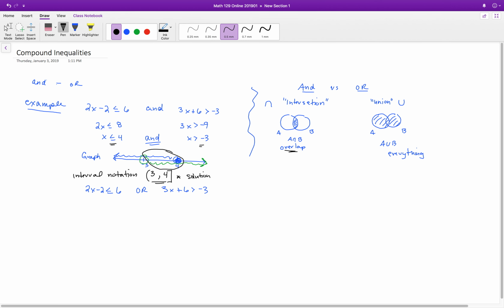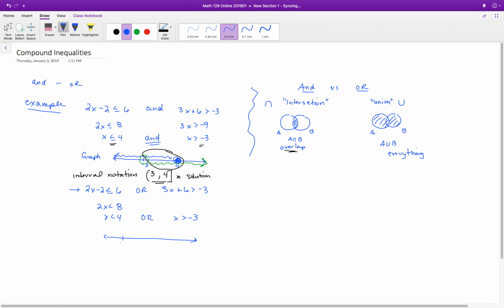So now if I want to look at this as an or statement, so looking at this example right here, again, I would solve it exactly the same way in terms of the algebra, except I'm looking at or. So or x is greater than negative 3. So again, I would draw the number line the same way.